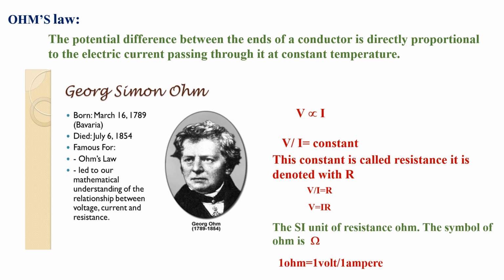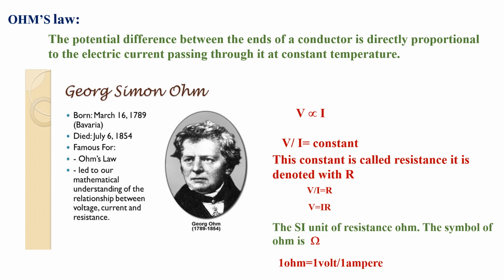Now you all know that V is directly proportional to I. V means volt. I means current. V is potential difference. It's directly proportional to I. See here above also he has told that the potential difference, that is V, between the ends of the conductor is directly proportional to the electric current, that is I, passing through it at constant temperature.